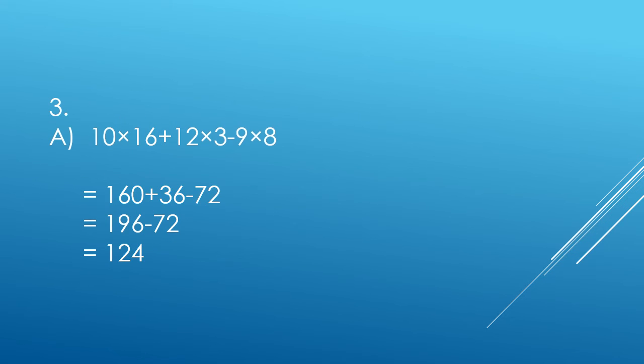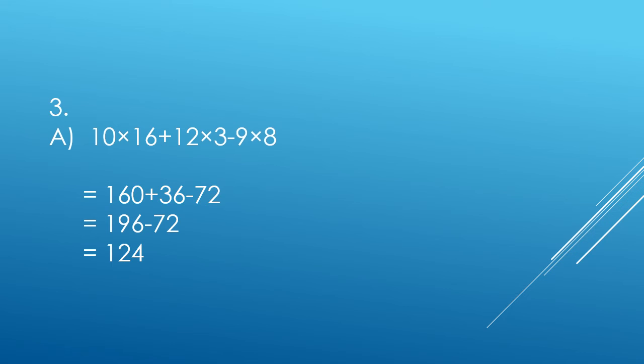Now see question number 3, A part, which is again we have to simplify. Now you can see that children, we are having the multiplication, plus, minus, three types of operations here. So again we have to apply the BODMAS.